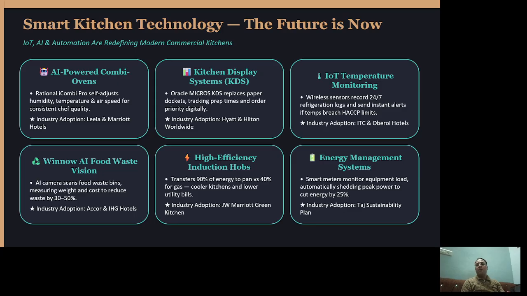EMS is a smart meter that monitors equipment load and automatically sheds peak power to cut energy by 30% to 35%. These are the systems which are followed today in various big kitchens. Many properties, many good brands are adopting this kind of technology today.